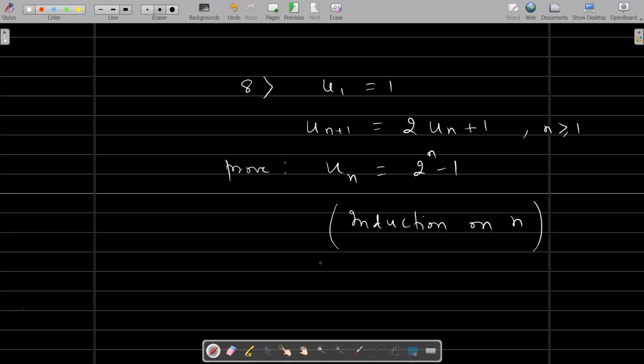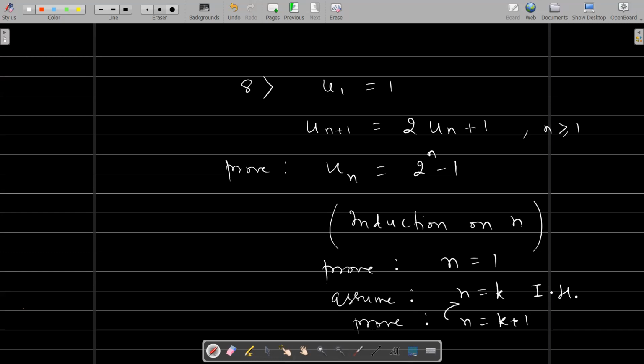First prove the base case, n is 1. Then you assume it for some n equal to say k. That's your induction hypothesis. And using step k, you have to prove it for k plus 1. While proving this, you need to use step k.